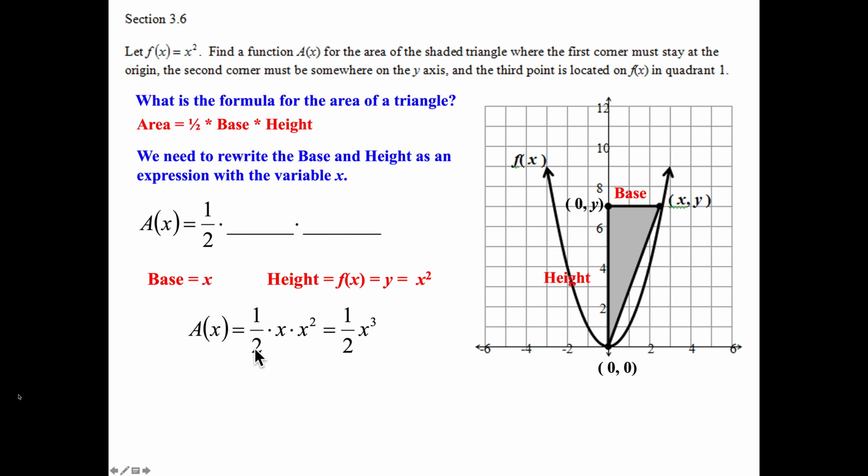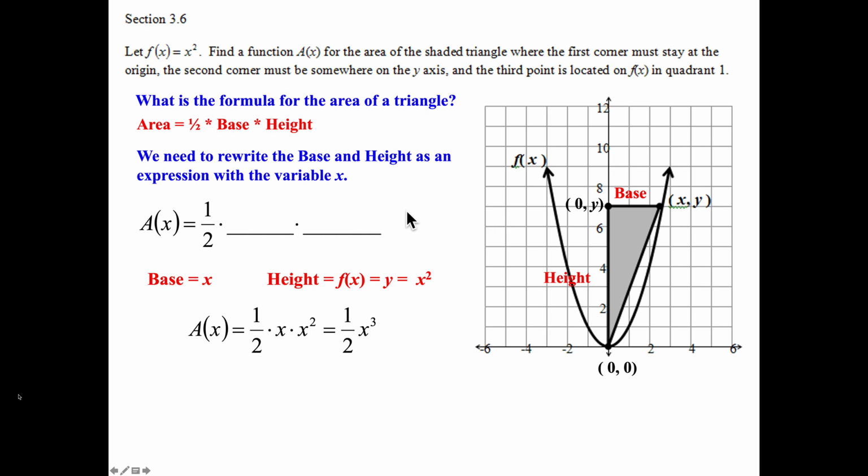So we have 1/2 times x, the base, times x squared, the height, which is 1/2 x cubed. So this is a function based on x to find the area of this right triangle. And the only value you need to know is the x coordinate located on the parabola, which will tell you the area of the right triangle that's created.